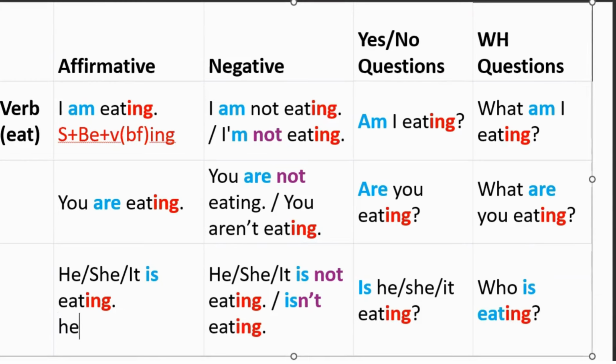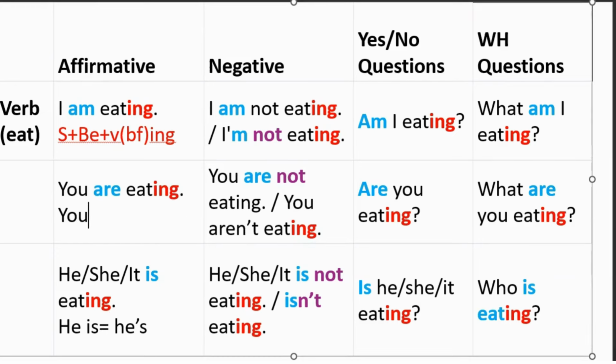So he is, we can use the contraction. So he is can be contracted to he's. Similarly, she's. It's. So you are can be contracted to you're.